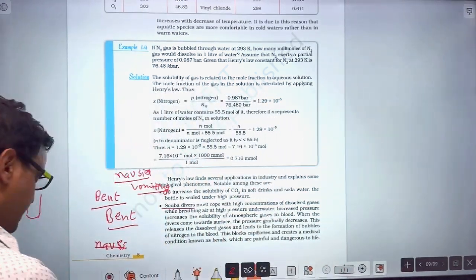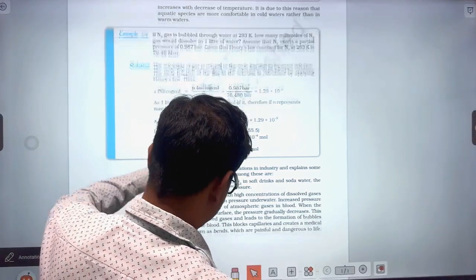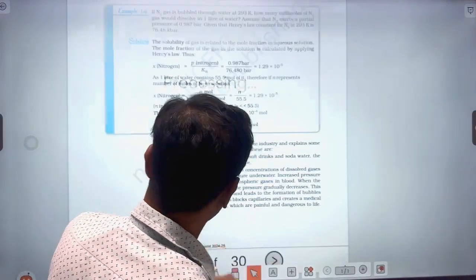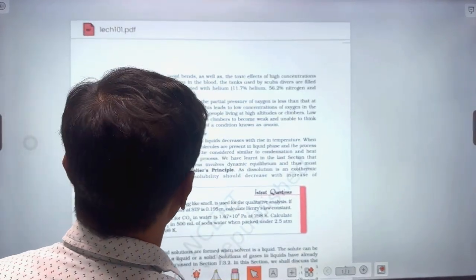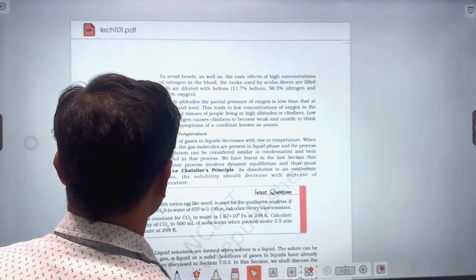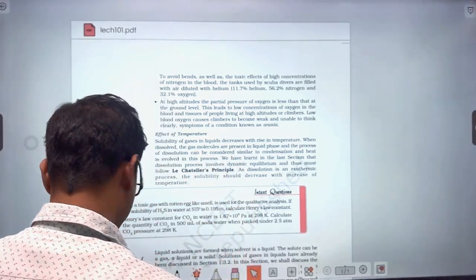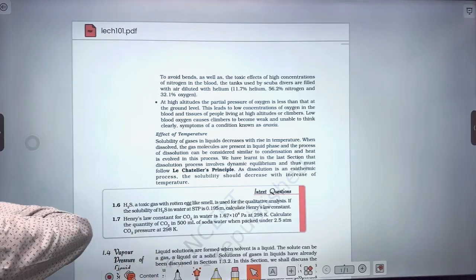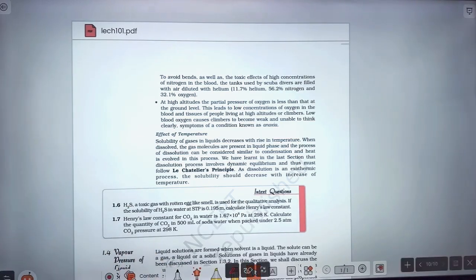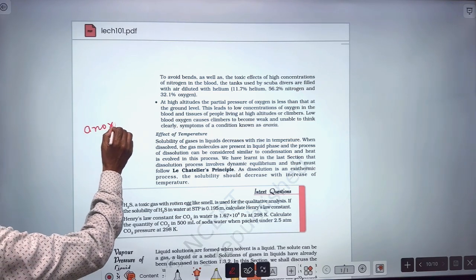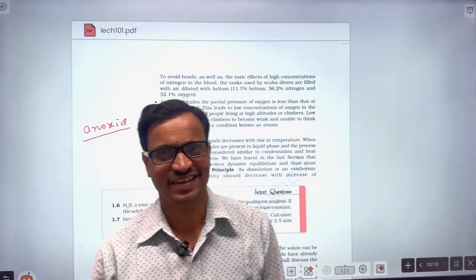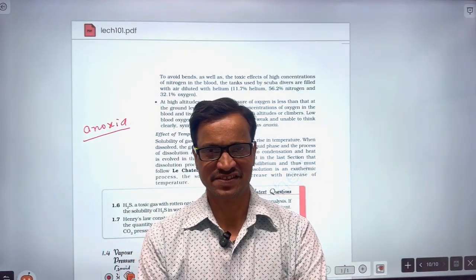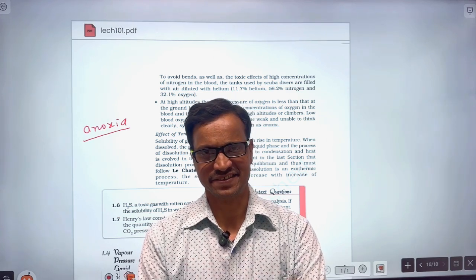Okay. Next point is persons living at high altitude. Persons living at high altitude experience symptoms called anoxia. What are the symptoms of anoxia? The symptoms of anoxia are physical and mental weakness.